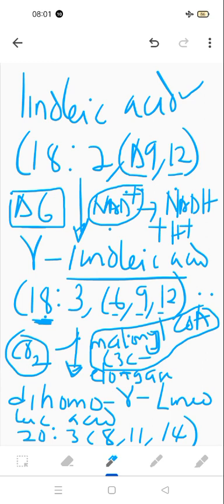Out of the 3 carbon coming from malonyl CoA, it is binding 2 carbon to the 18 carbon from gamma linoleic acid to give a 20 carbon compound. The remaining 1 carbon is going to be lost as carbon dioxide.